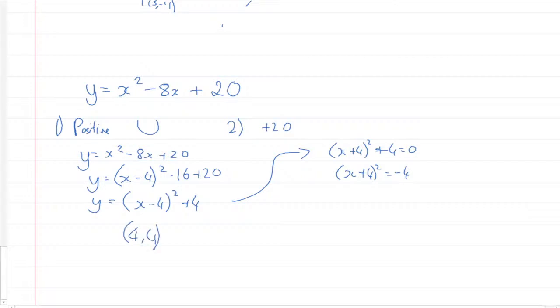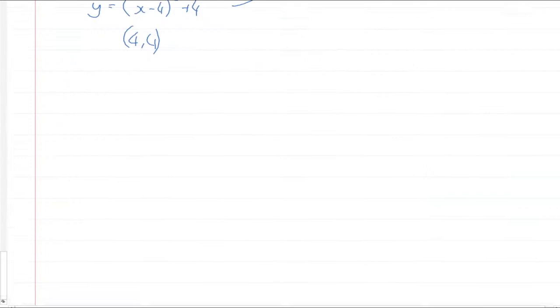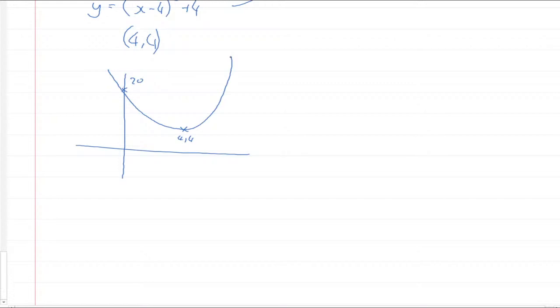Which means that this graph looks like 4 right, 4 up. Crossing at 20, it looks like this. The minimum is above the x-axis. So there are no solutions.